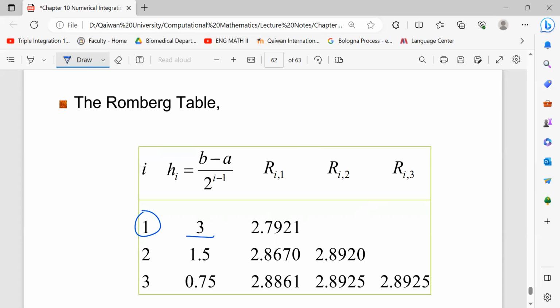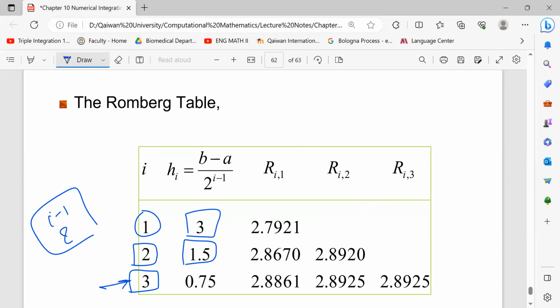For one subinterval, the length is 3. For 2 subintervals, the length is 1.5. The number of subintervals is 2 to the power I minus 1.